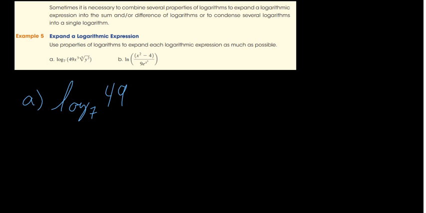And then we're going to say plus log base 7 of x cubed, and then we're going to say plus log base 7 of the 5th root of y squared. But let's go ahead and write that as y to the 2/5 power.